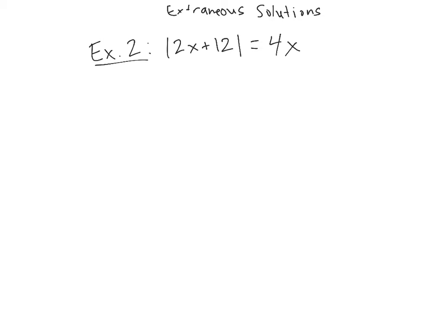Now, for the most part, this problem is actually all set up and ready to go. I know this inside part is either going to be equal to 4x or the opposite, negative 4x, right? So if I go ahead and split this up from the start, I know that that green line is either going to be equal to 4x or negative 4x.